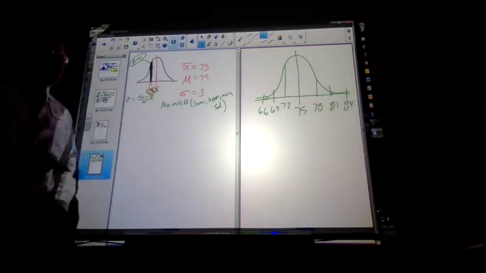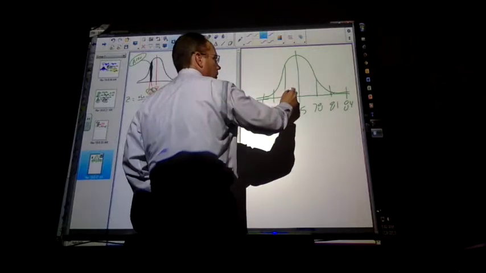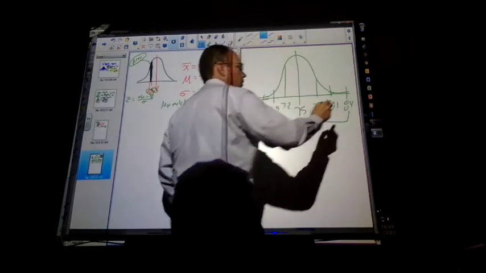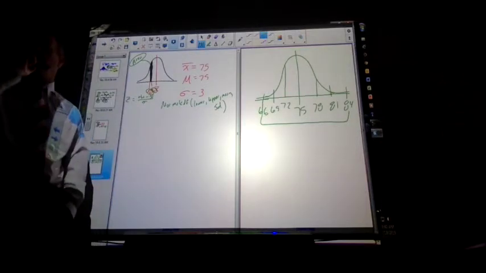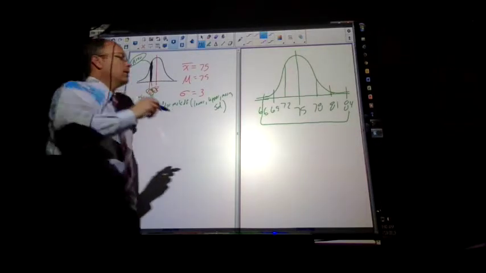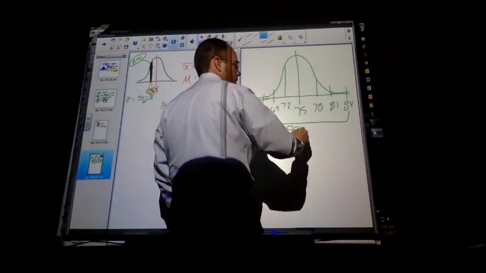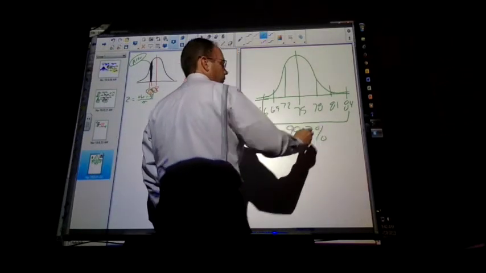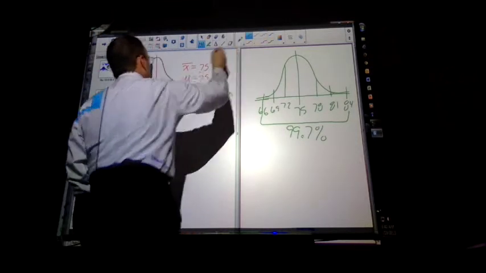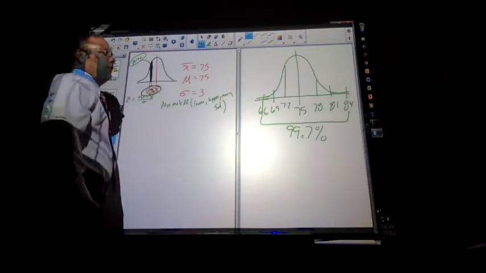Okay, what percent of my area is between these? What percent of my area is between those? Where do 50 and 60 fall in here?